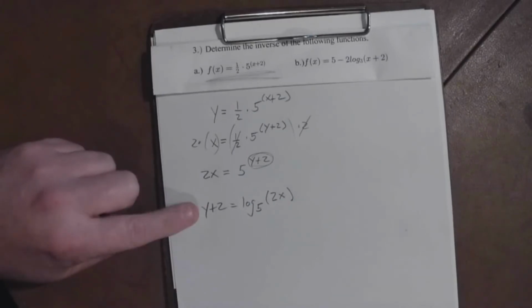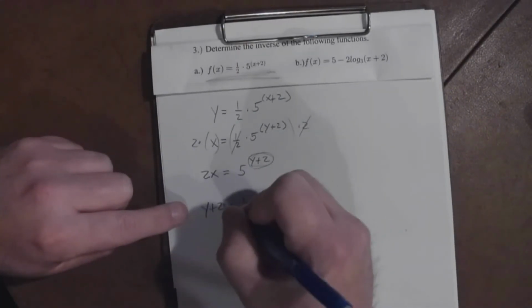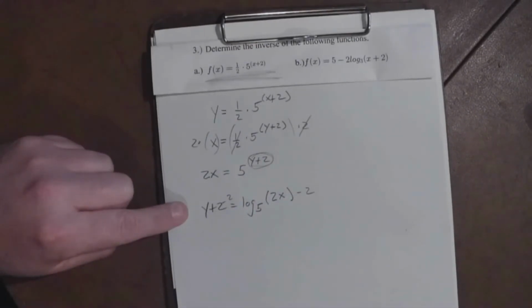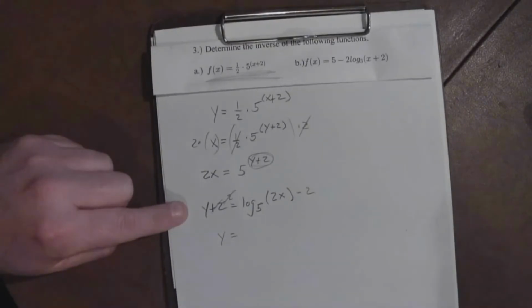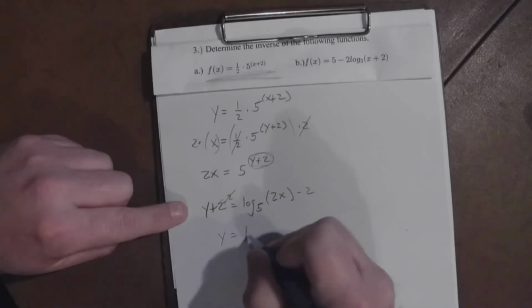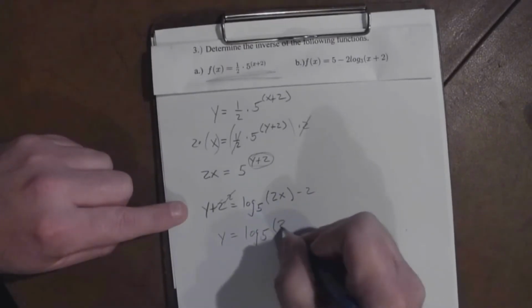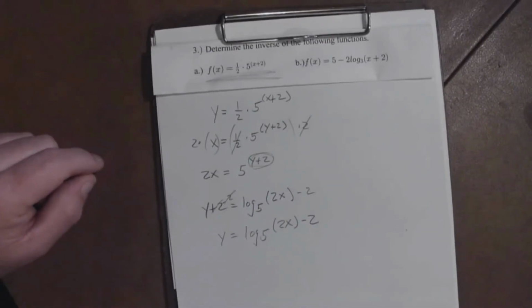And then from there, we're solving for y. We just now subtract 2 from both sides. Take 2 away from the left, take 2 away from the right. You will cancel the 2's on the left, leaving you y. And on the right, you will have the log base 5 of 2x minus 2.